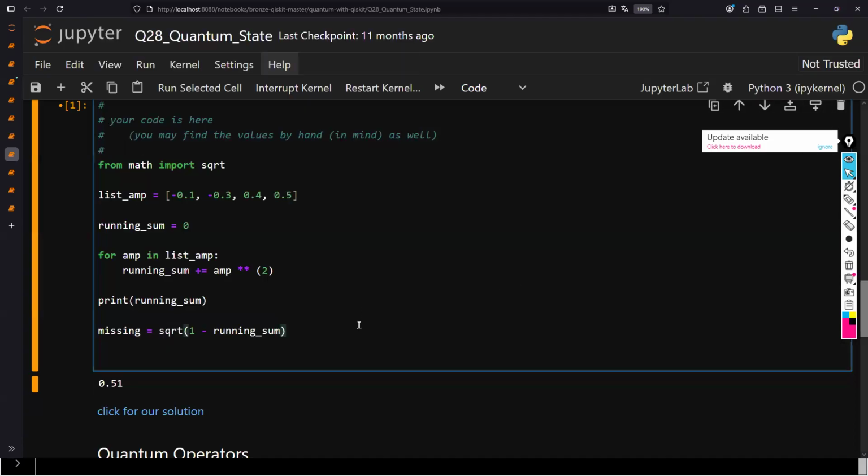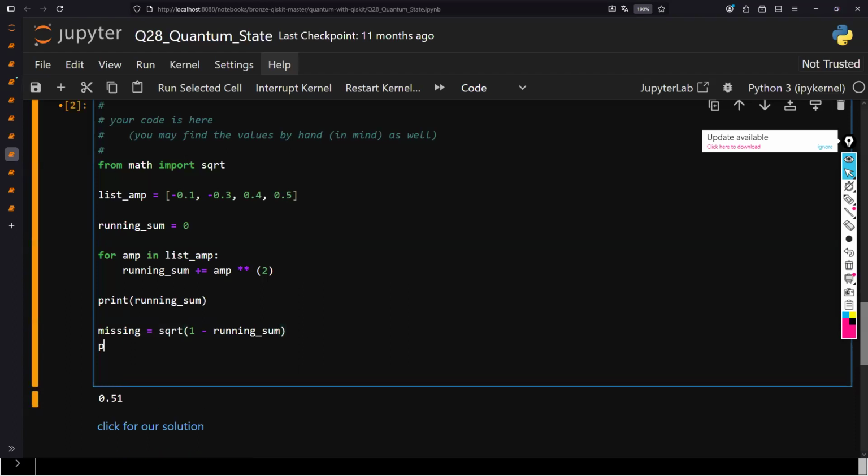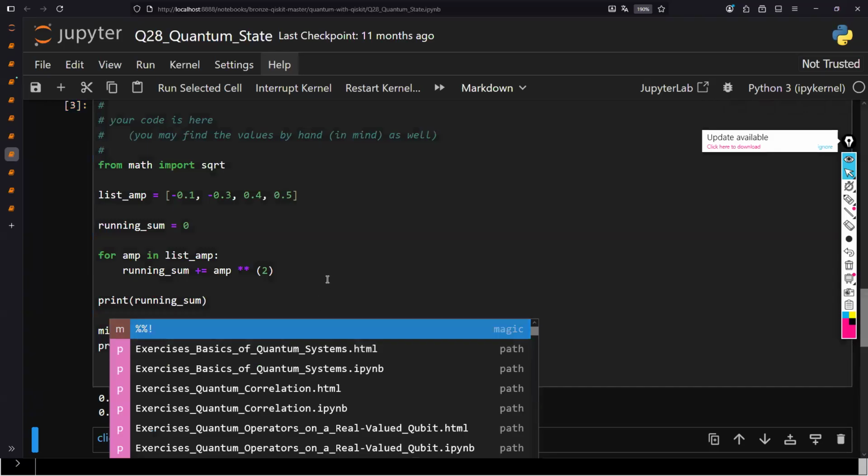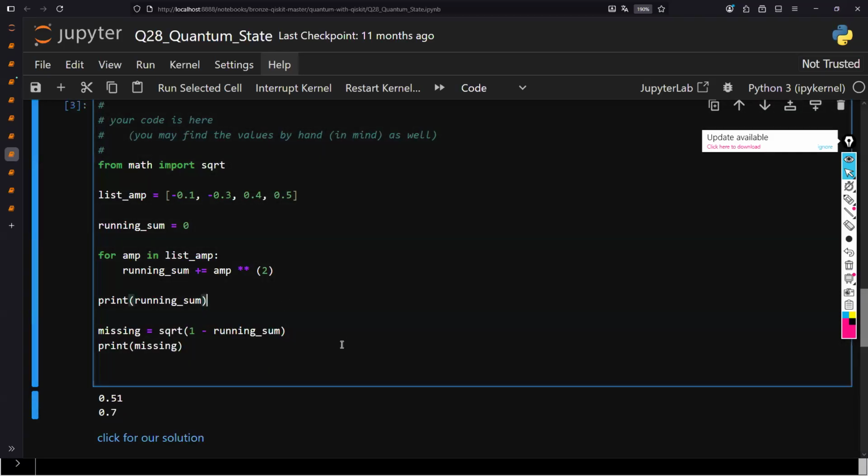So what we do to find a missing number, we subtract the other probabilities squared from our total probability, and we get our missing number, which is equal to 0.7.